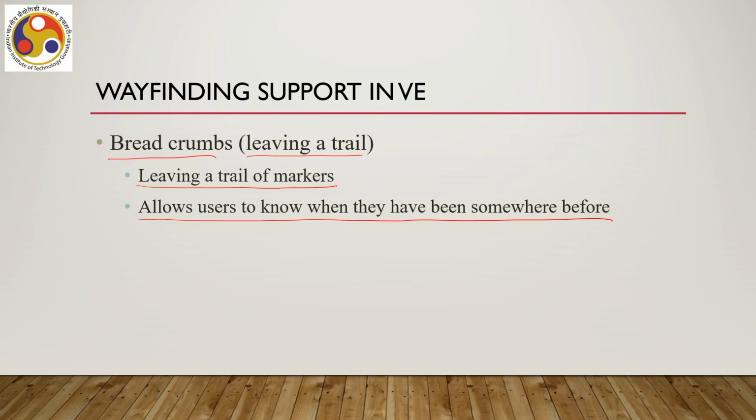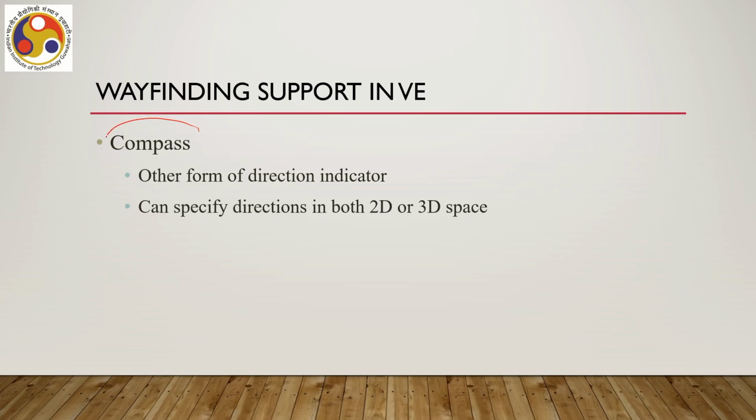The user knows that this path is explored, so let us move to a different path or different destination to save time and so on. A simple aid can be a compass. Another form of direction indicator can specify directions in both 2D or 3D space. Accordingly, a compass can be designed and placed in the environment.